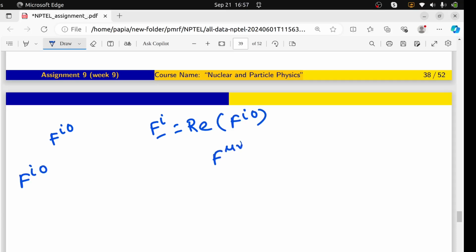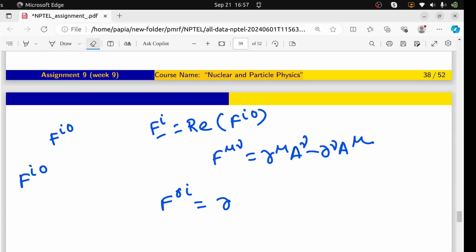F mu nu is del mu A nu minus del nu A mu. So if I just replace mu by i and nu by 0, then it will have Fi0, sorry, Fi0 equals del i A0 minus del 0 Ai.